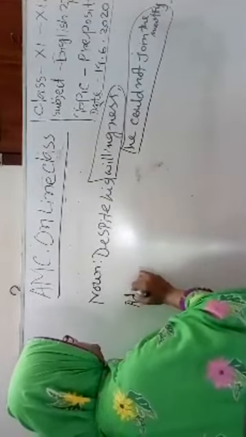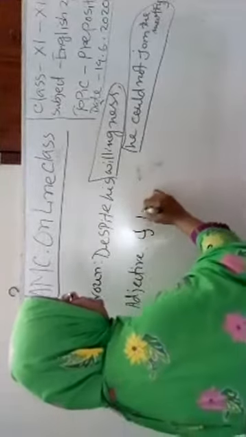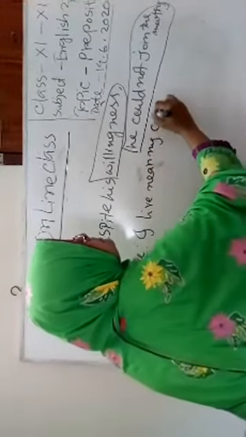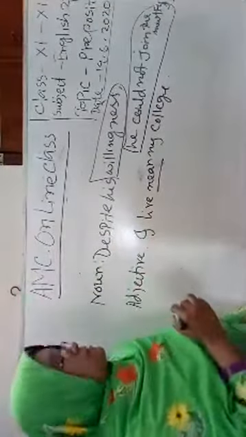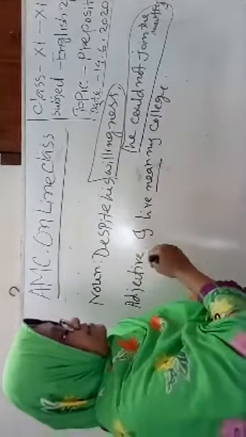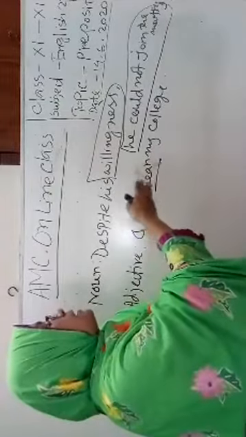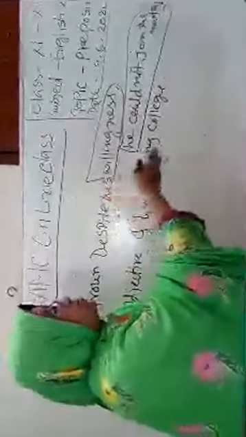Adjective: I live near my college. This "near" is used as a preposition in this sentence. That means there is a general rule: the preposition takes an object, and according to this rule, these adjectives and nouns also work as special prepositions in these sentences.